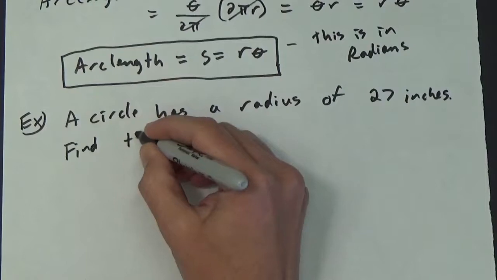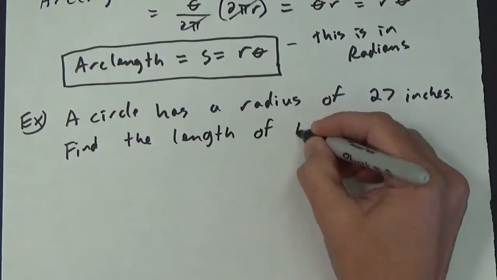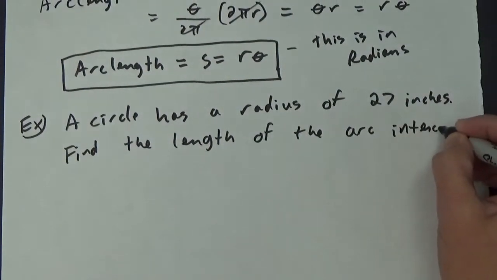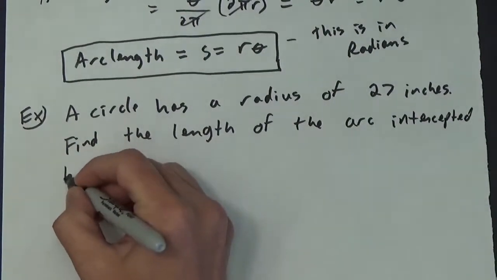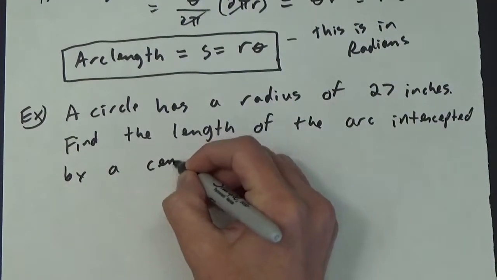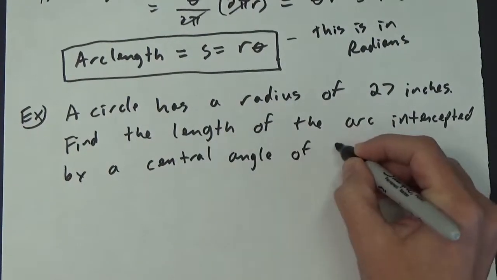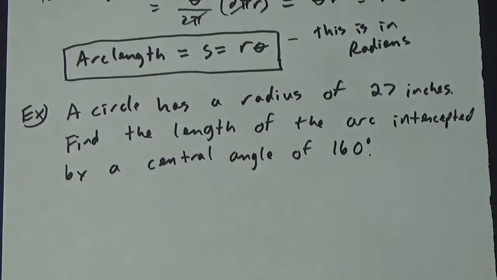Find the length of the arc intercepted by a central angle of 160 degrees.